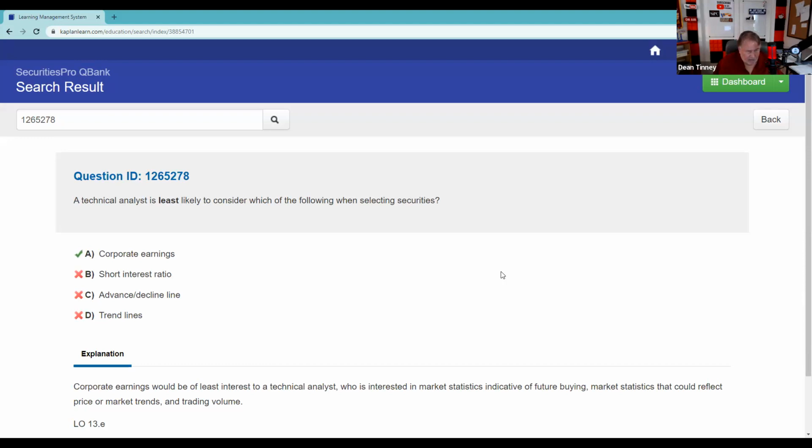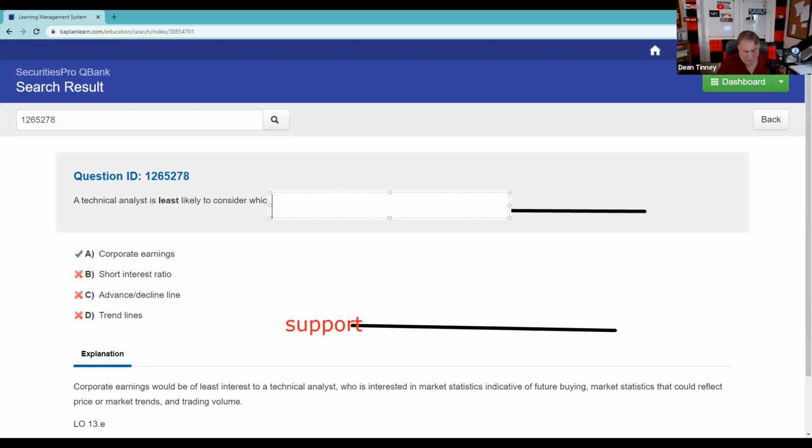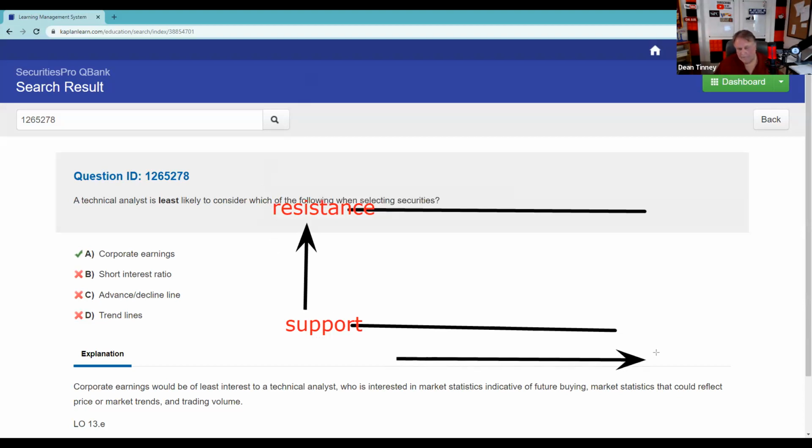The support line in the chart is the bottom line, and the resistance line is the top line. We don't believe in buying the stock when it's within this trading range. This is price going vertical, so price is going this way, and this is time going this way.